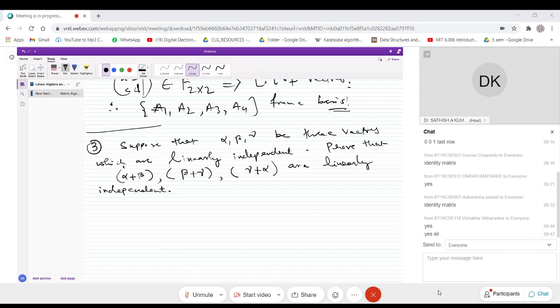Next class we will discuss one or two problems related to subspaces spanned by the vectors alpha 1, alpha 2, alpha 3, whatever vectors you consider. And once we finish the subspace spanned by some vectors, we will give one or two problems in that.